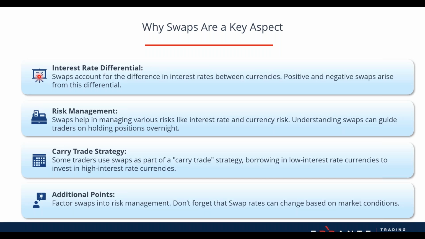Positive swaps mean you're earning interest, usually because you're buying a currency with a higher interest rate than the one you're selling. And negative swaps mean you're paying the piper, typically because you're holding a currency with a lower interest rate. And next one is the risk management reason. Swaps help you manage various types of risks, including interest rates and currency risk.